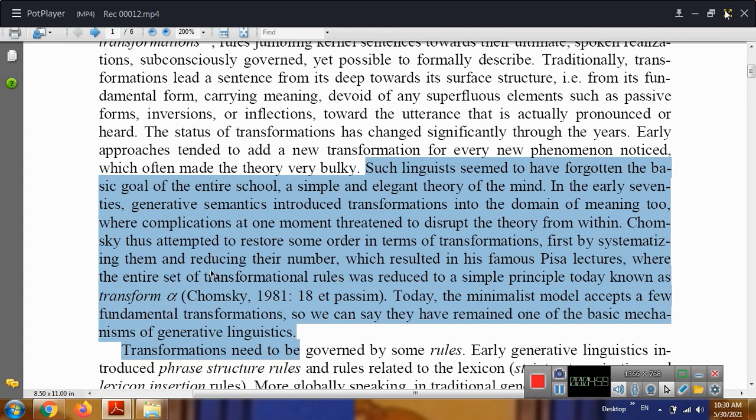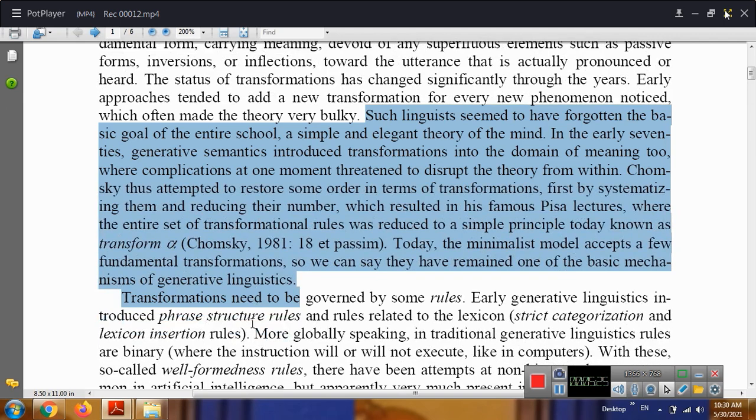This reducing and systemizing resulted in Chomsky's Pisa lectures, where the entire set of transformational rules was reduced to a simple principle today known as transform alpha. Today, the minimalist model accepts a few fundamental transformations, so we can say they have remained one of the basic mechanisms of generative linguistics.